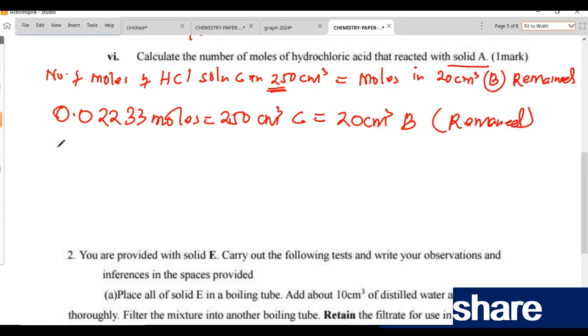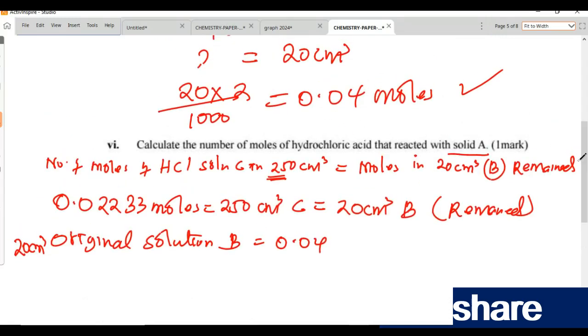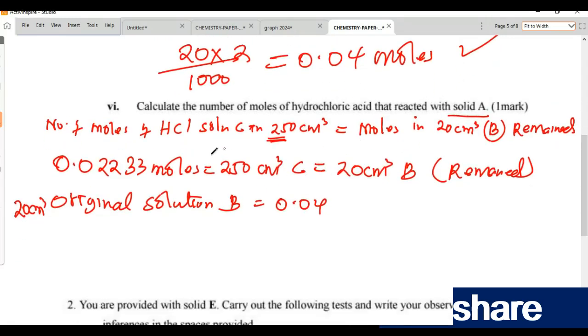But we know that original solution B, 20 centimeters cube, original solution B had 0.04. That is what we have got here. Okay? And this one is what remained. So which is the number of moles that reacted with A?